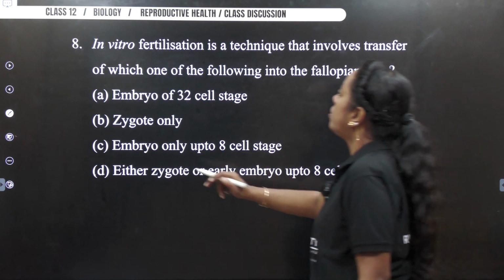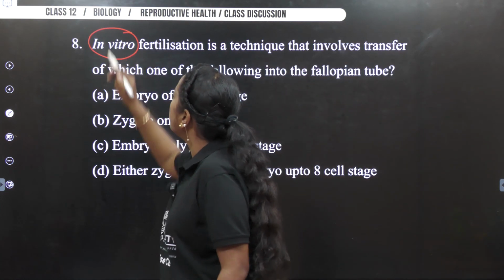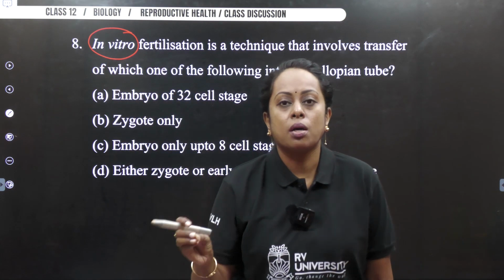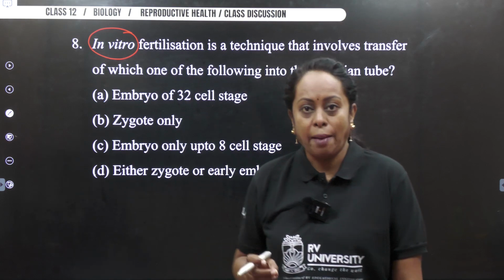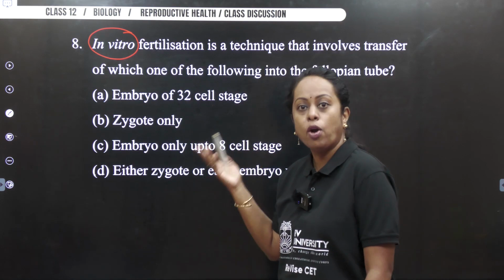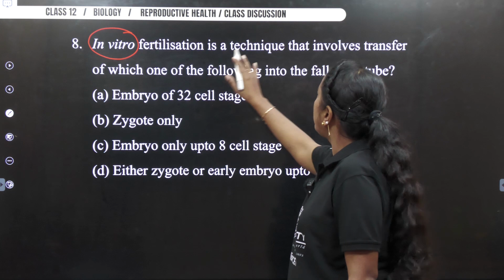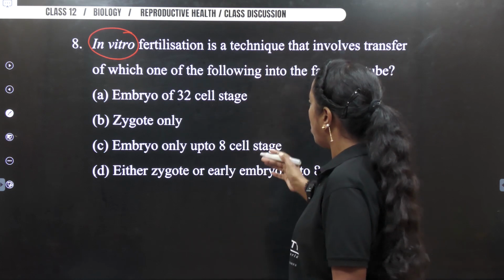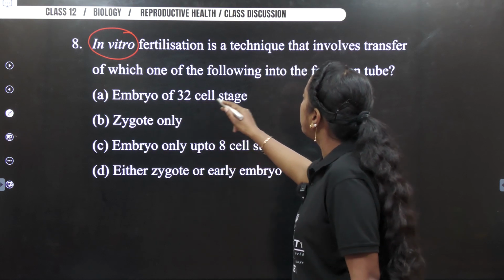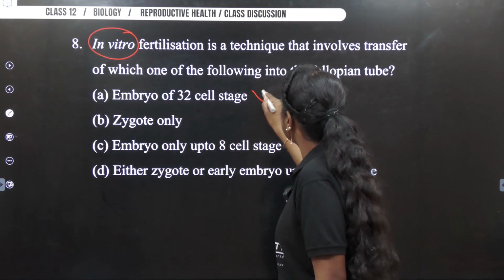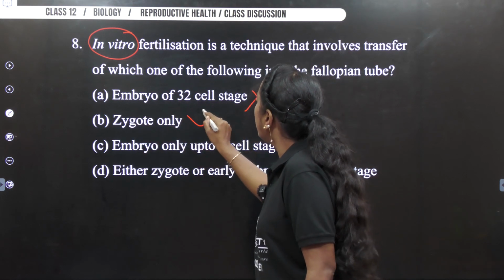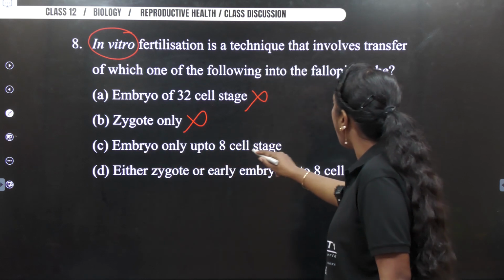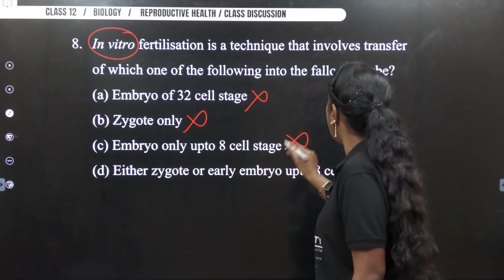Next, in vitro. Now what are we talking about? In vitro. Fusion of sperm and ova takes place in the lab, not in the body of a female. So it is in vitro fertilization technique, which involves transfer of what? Embryo of 32 stage, wrong. Zygote only, wrong. Embryo only up to 8 cell stage, wrong.